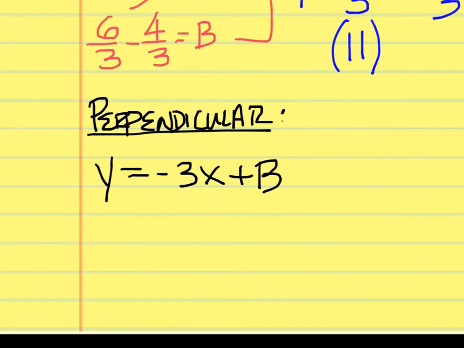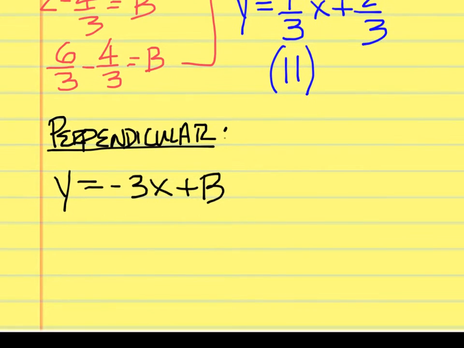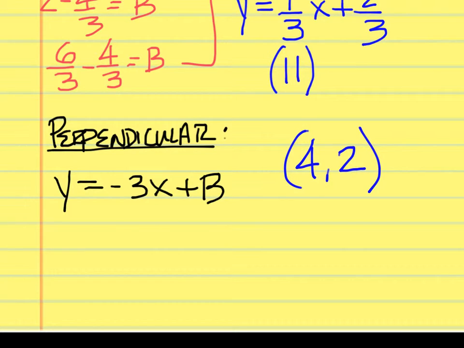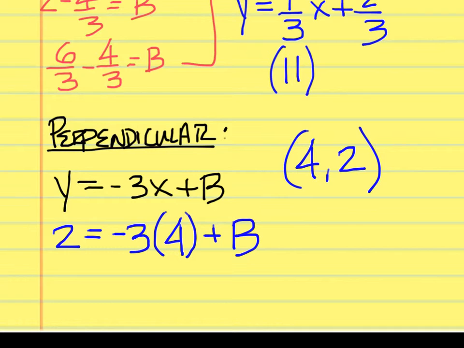And we're going to use it here. And what point do I have to go through? 4,2. So we have to use the 4,2 point. Okay, so plug it in. 2 for y and 4 for x. Solve for b.